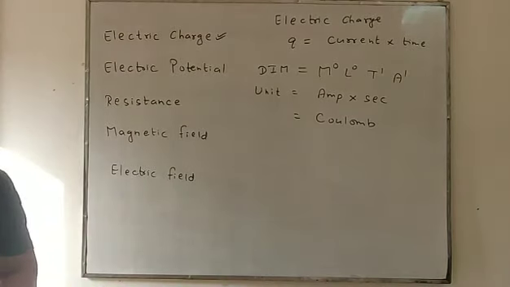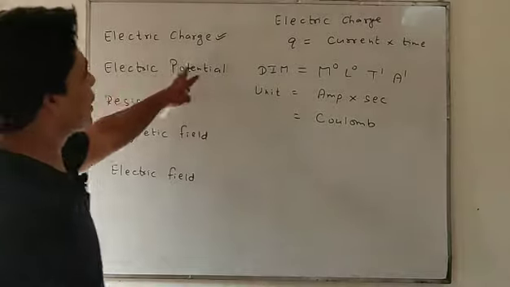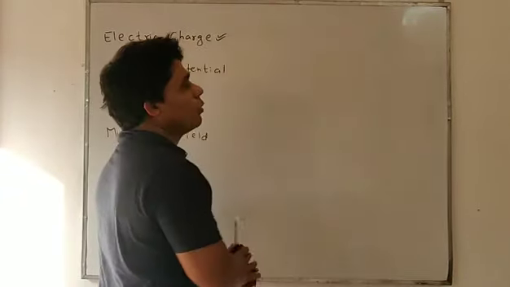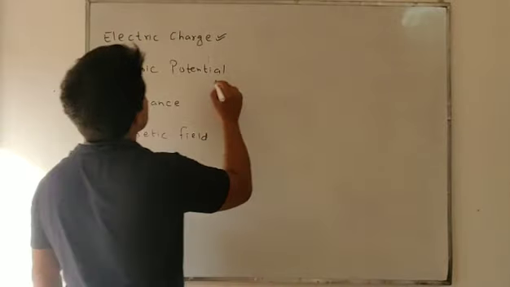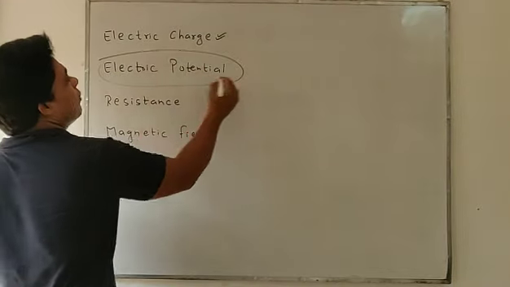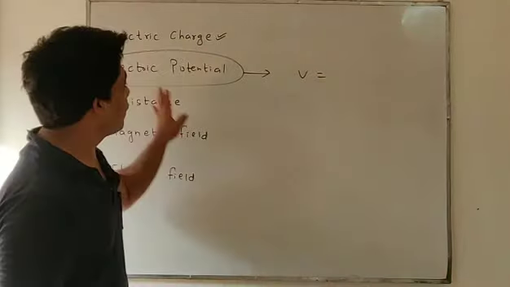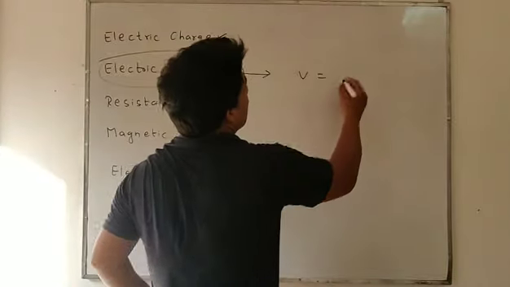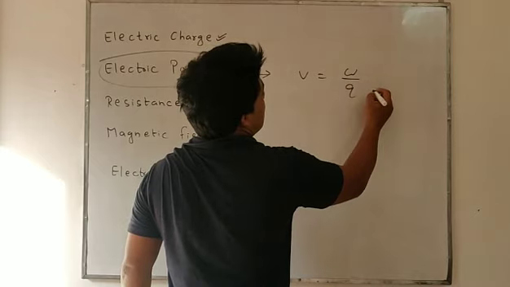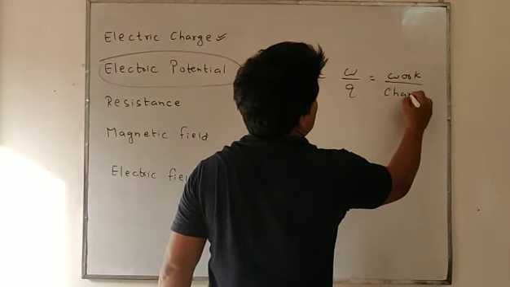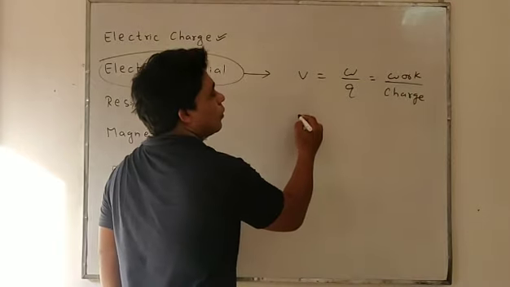Now students, the next is electric potential, represented by V. I am going to find the dimension of electric potential. Work by charge is said to be potential.